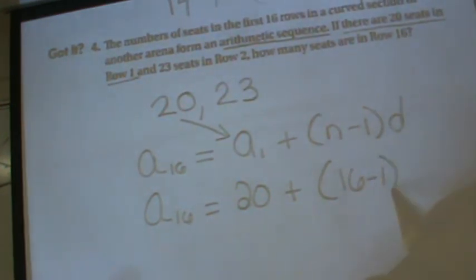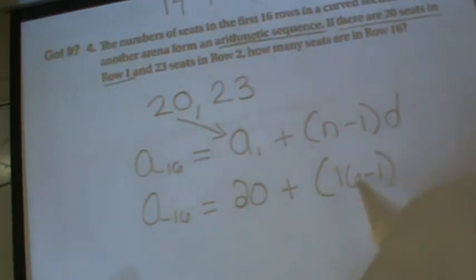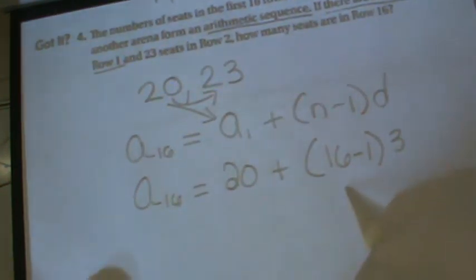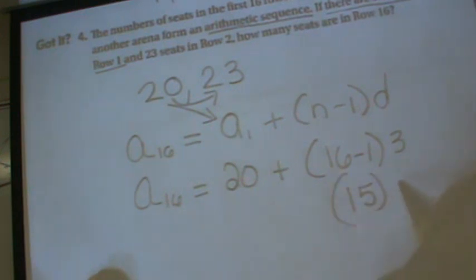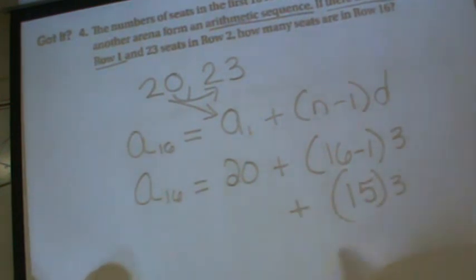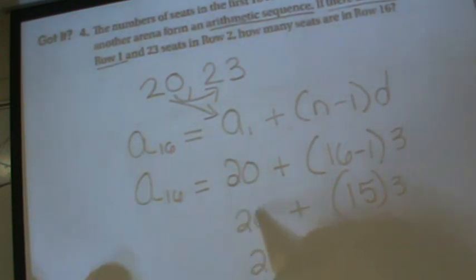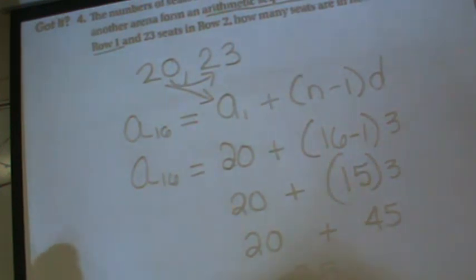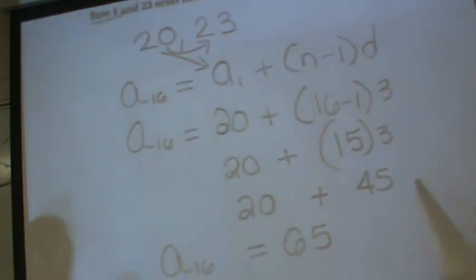So what row am I looking at, really? The 15th row, and the common difference is 3. So what is 15 times 3? 45. What's 45 plus the number of seats in row 1? So there are 65 seats in row 16.